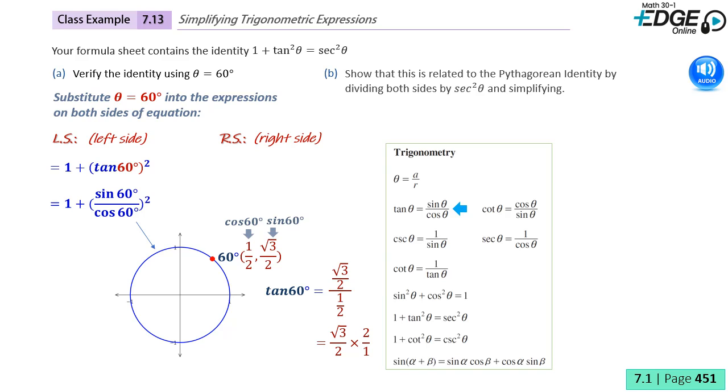Dividing root 3 over 2 by 1 over 2 is equivalent to root 3 over 2 multiplied by 2 over 1. The 2's will reduce. So our expression becomes 1 plus the square root of 3 squared.